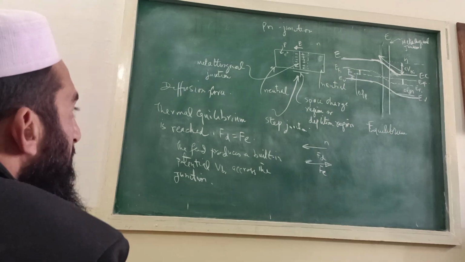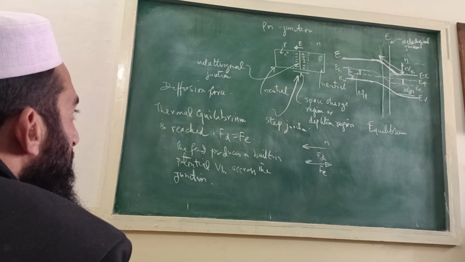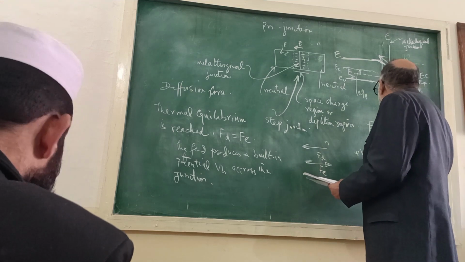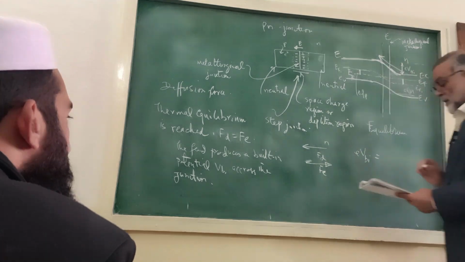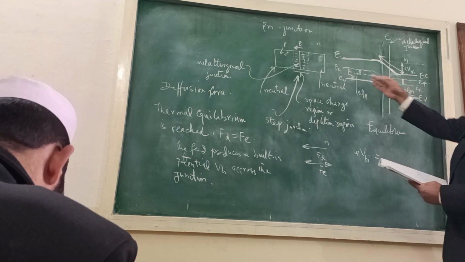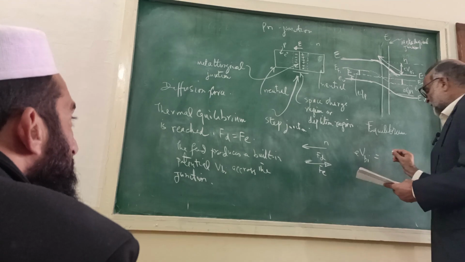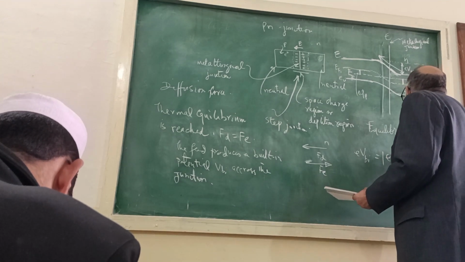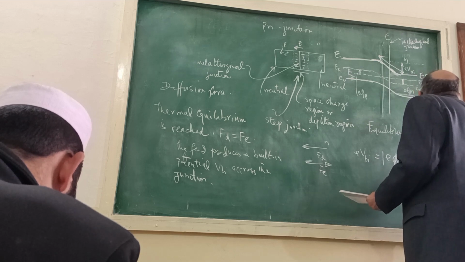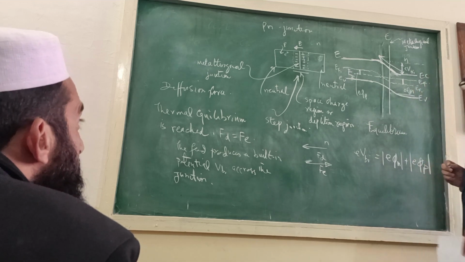We call this equilibrium. The built-in energy, E VBI, in this equilibrium can be written as the sum of the two energies, E phi n plus E phi p.